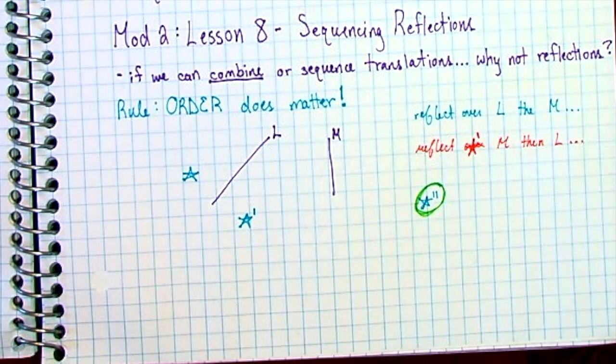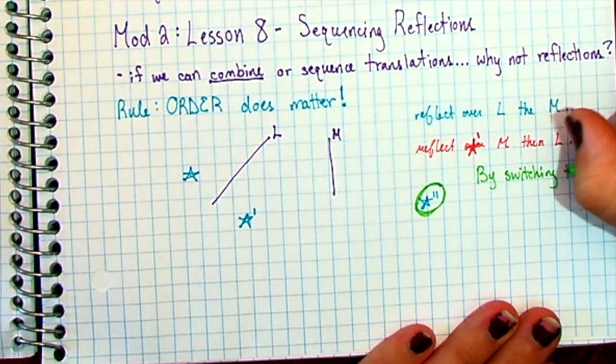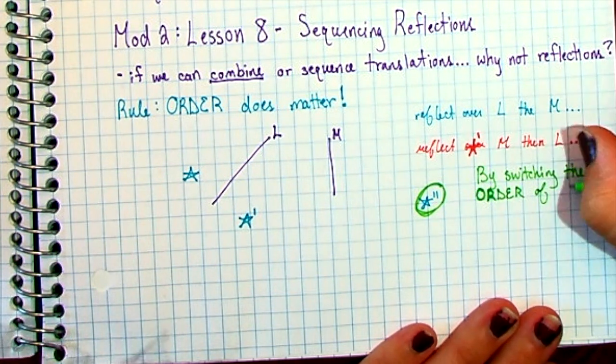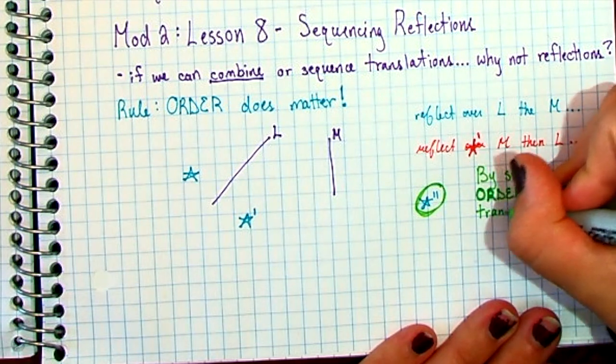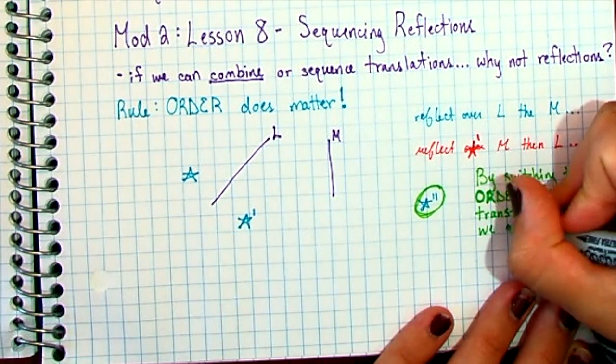So we can see that by switching the order of the transformation, we end up changing the result significantly.